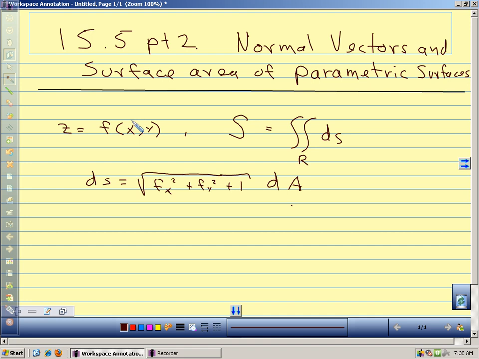And if we remember, our formula came from approximating a little element of surface area on our surface with the tangent plane. And then we summed the little areas of the little parallelograms or little rectangles that the tangent plane approximation gave us over our region.